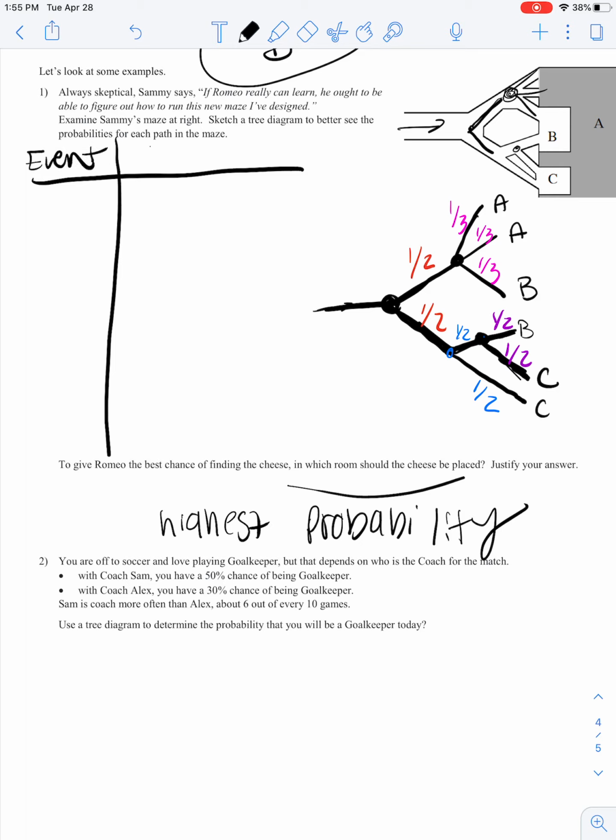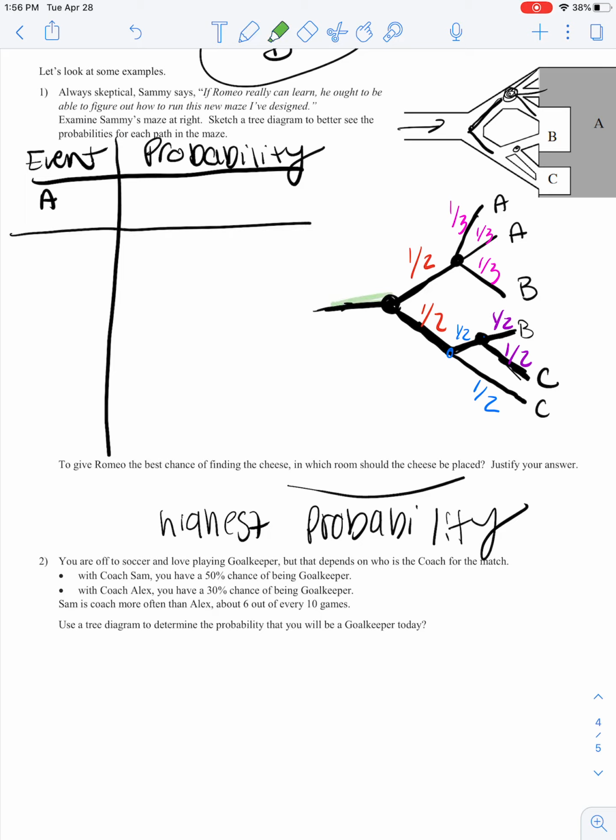Alright, so one side is going to be the event, and one side is going to be our probability. Alright, so first event. Each event is going to be each way he can go to get to a room, and we're going to calculate the probabilities of all of those. So the first event is going to be getting to A.